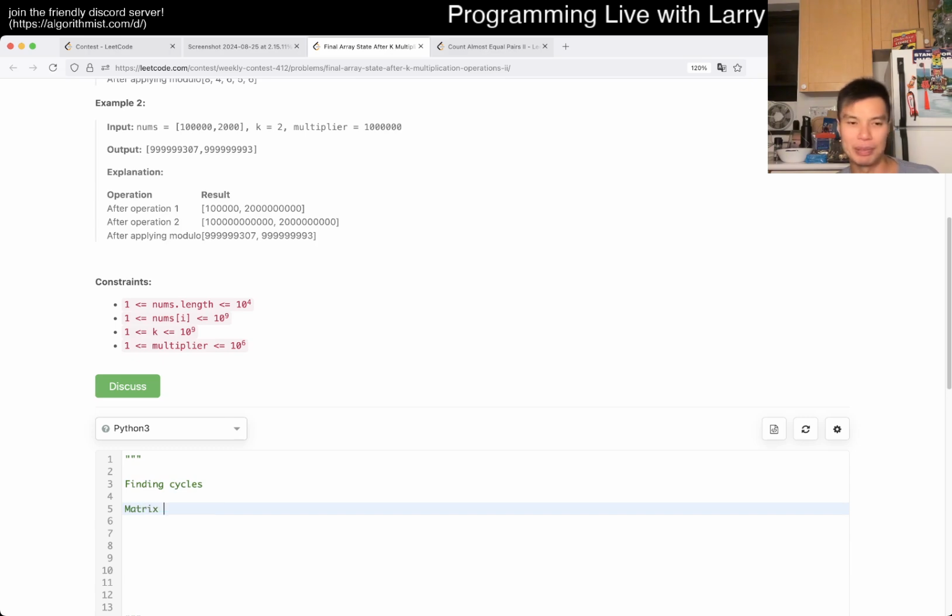The other idea that I might have is matrix exponentiation. I don't know if I'm spelling that right. Probably not. Whatever, right? In this case, I didn't really see a way to get this part because you have to do min, and the way to construct the matrix would have been to find cycles, and also n is too big, because matrix multiplication is going to be n to the third, n cube.